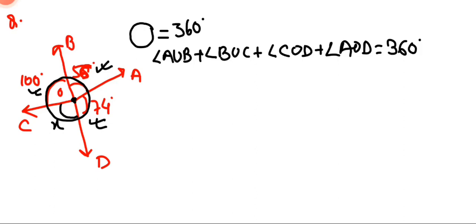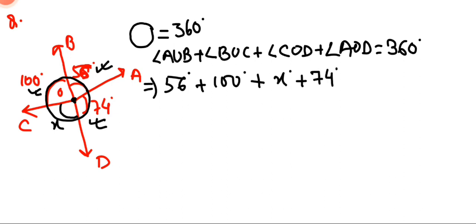Clear? Here angle AOB is given, that is 56 degree. Angle BOC is also given, that is 100 degree. And angle COD is X, we have considered it. And angle AOD is equal to 74 degree, which is equal to 360 degree.